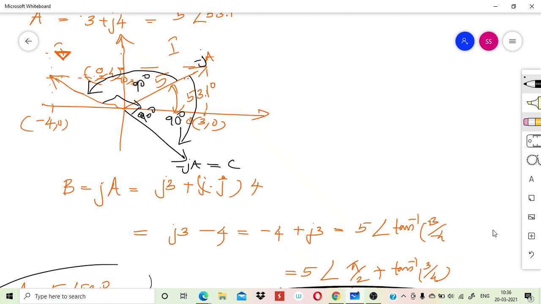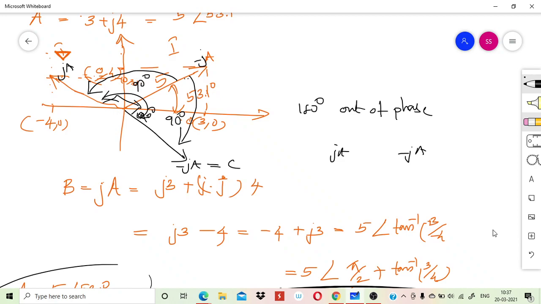So this jA and minus jA are exactly 180 degree out of phase. If you observe jA and minus jA, they differ only by minus 1.